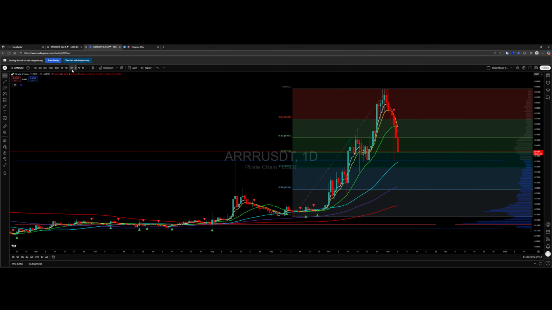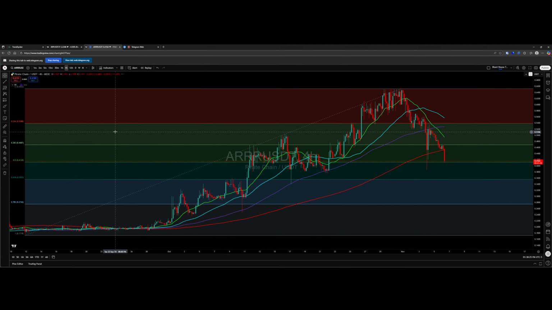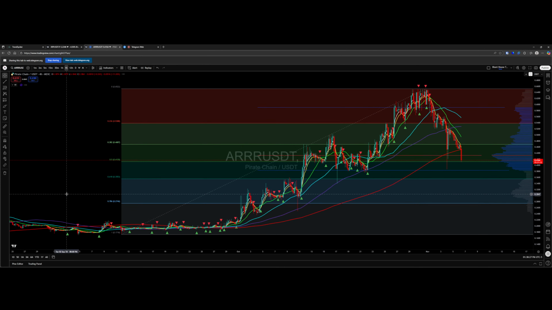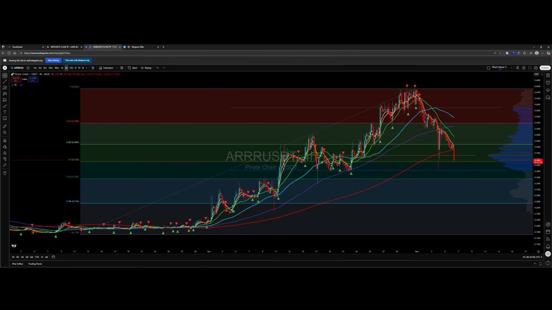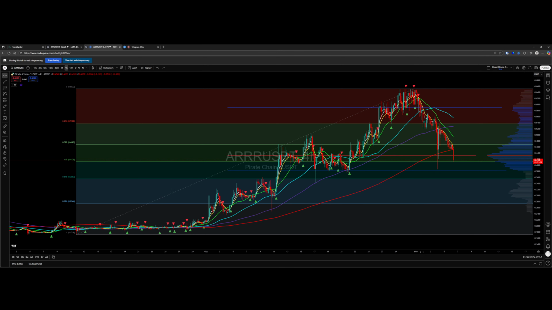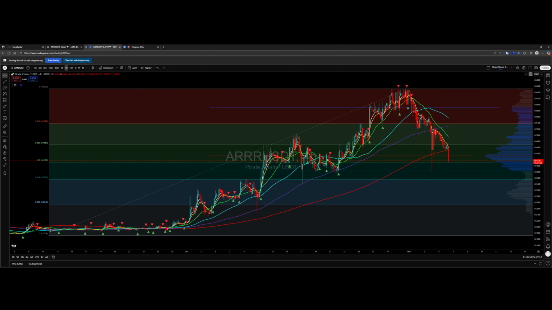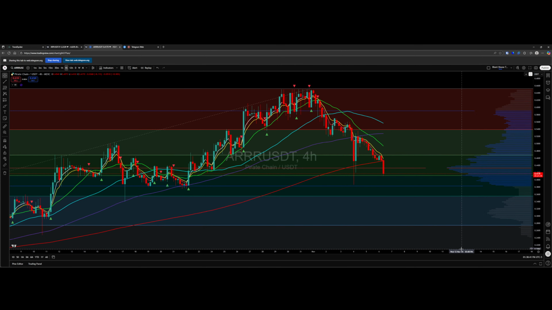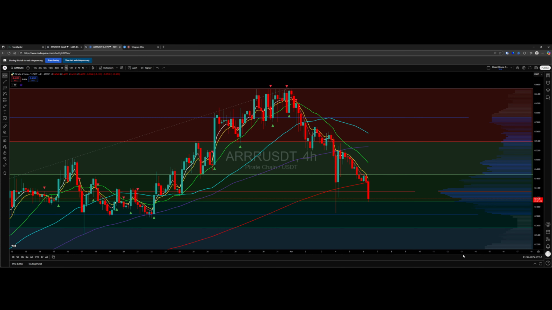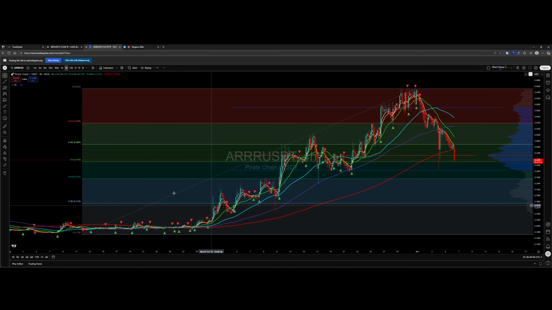But why don't we just look at that 4-hour chart to get a different look and some more context as to what might be going on? So here's our 4-hour with the same set of fibs. And what's price doing on the 4-hour? It's failing the 200, obviously sitting at 50% still, but you're failing the 200.